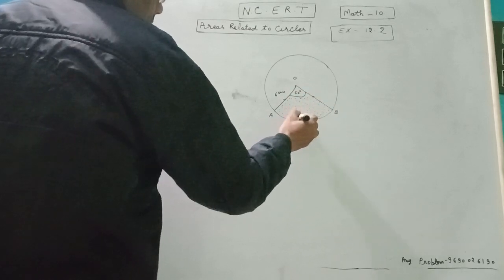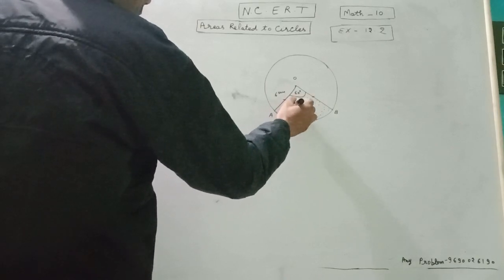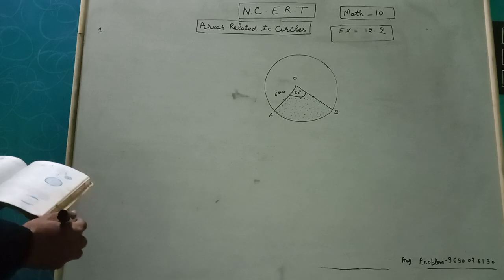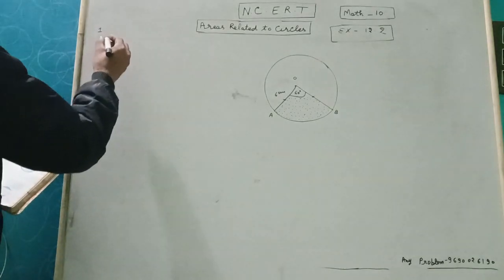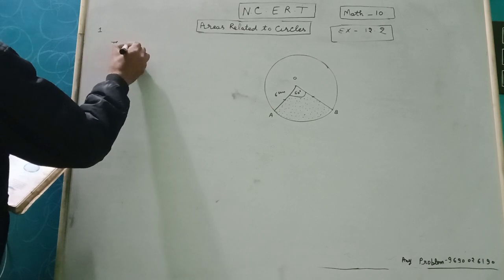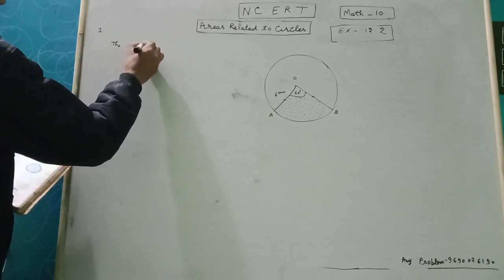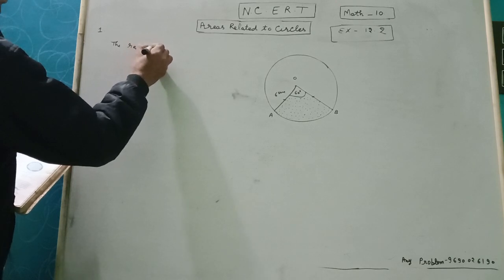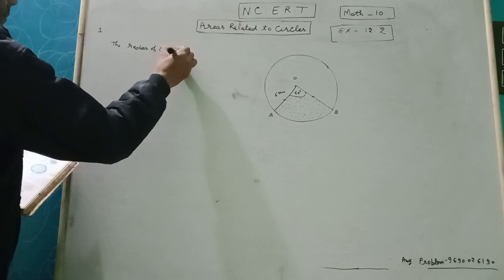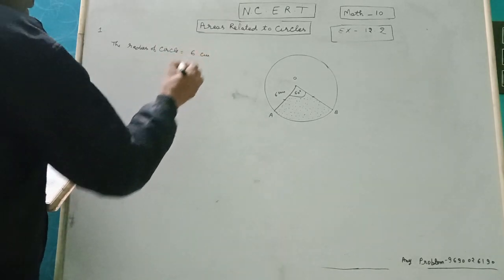Dotted part, we find the area of the sector. The radius of the circle is equal to 6 cm.